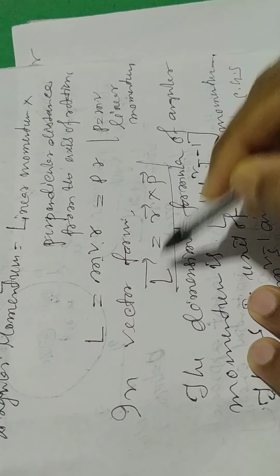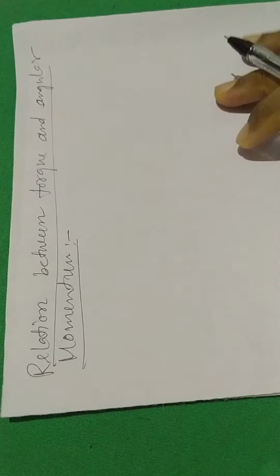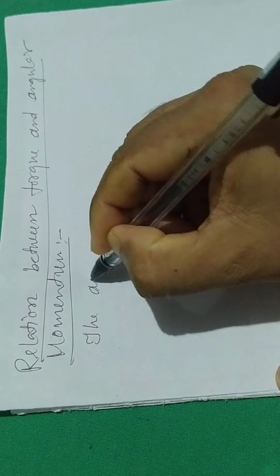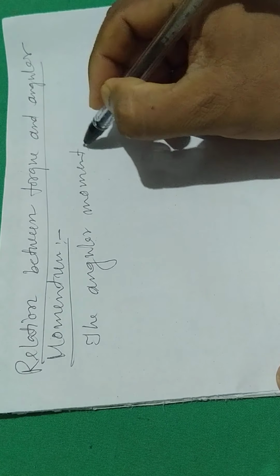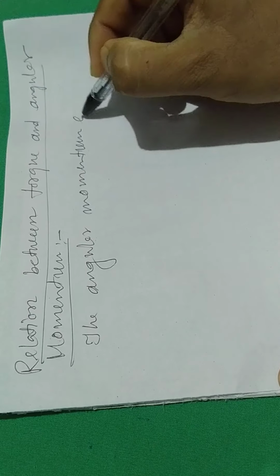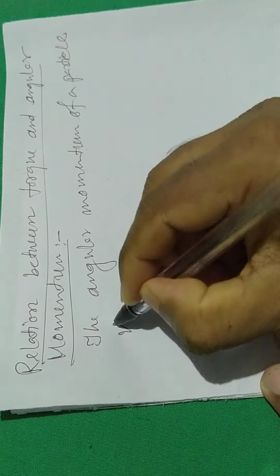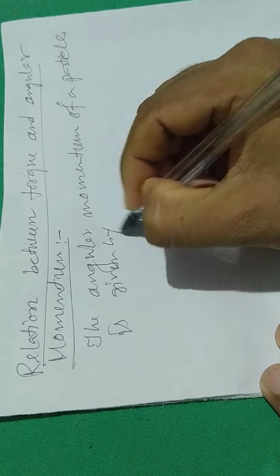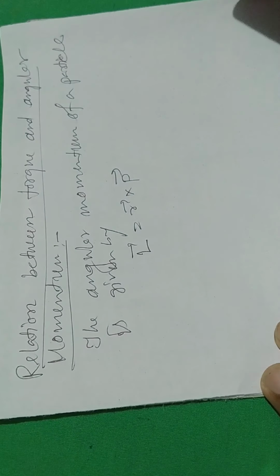The angular momentum of a particle, just now you got it, in vector form is L equal to r cross p.